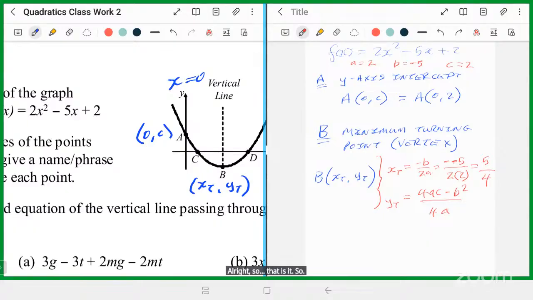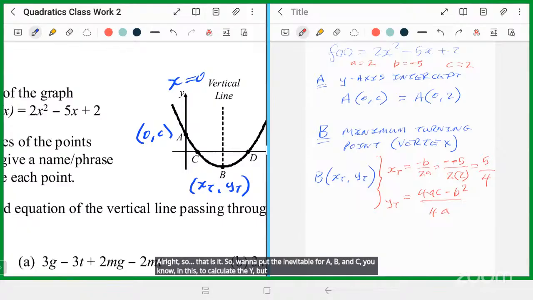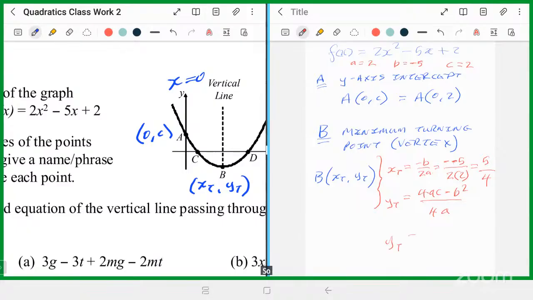So we want to put in a value for a, b, and c now in this to calculate the y value that's going at the turning point. So the y value at the turning point becomes 4 times a. What is a? A value is this 2. That's 4 times 2. Put everything in bracket. Times c. The c value is this 2 up here. Another 2. Then I subtract. Now this minus is this one.